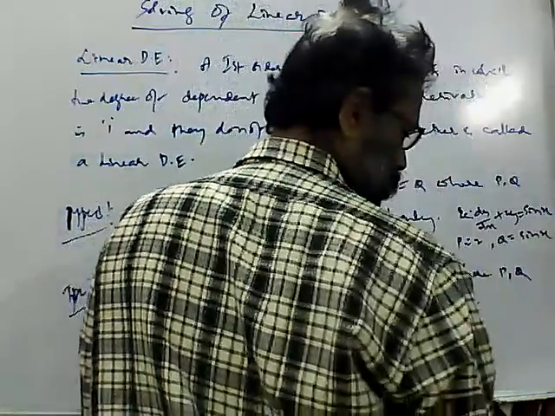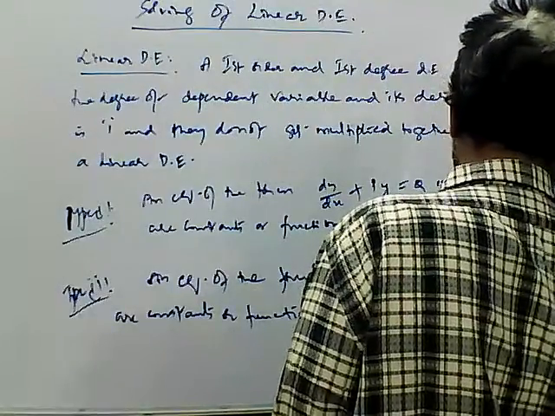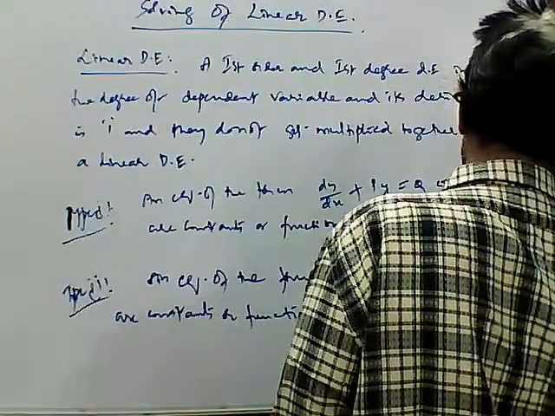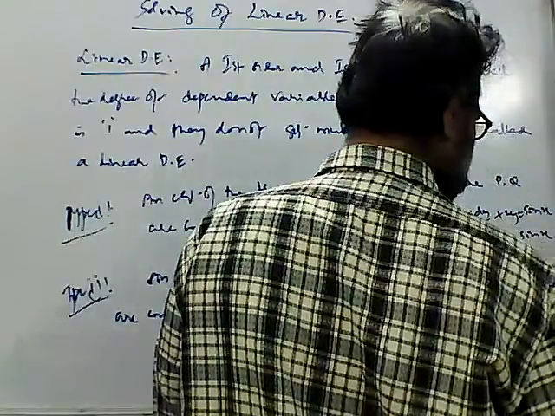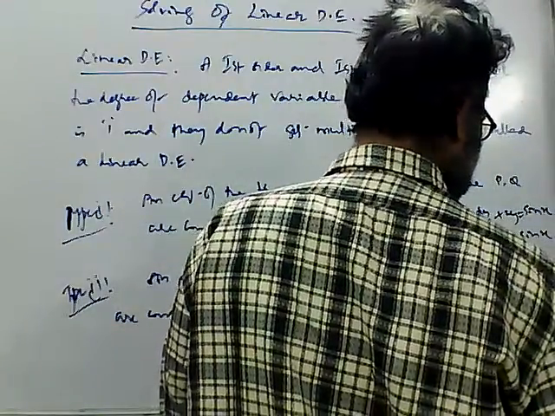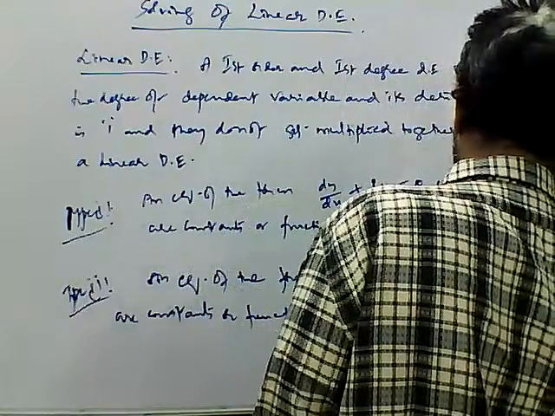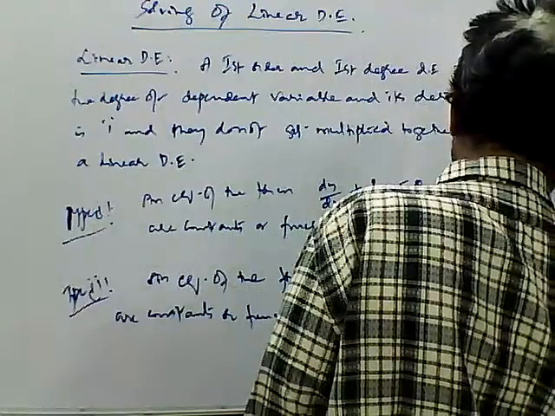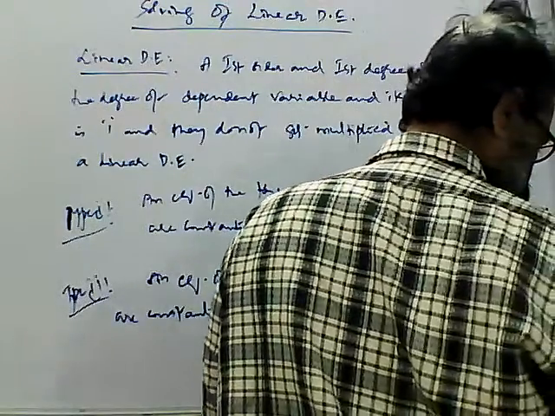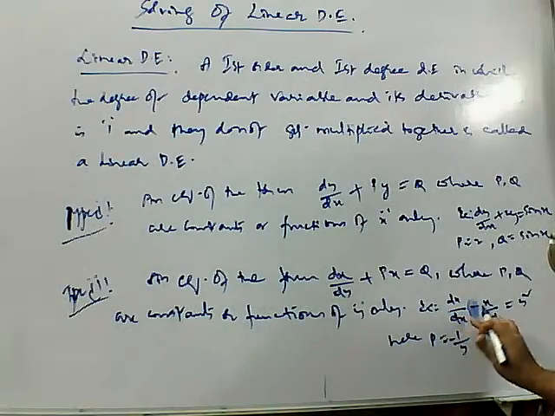Example: dx by dy plus x by y is equal to y square. Here p is equal to 1 by y, q is equal to y square. Now see, these are functions of y in dx by dy.